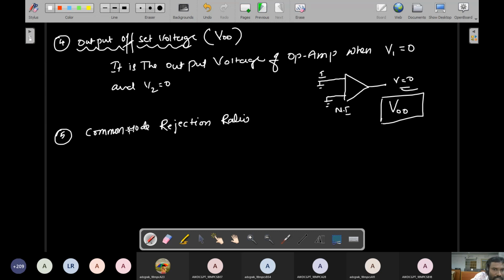Among the above definitions, this one is very important. They ask it for 5 marks, along with one more definition. These two definitions come in the public examination as 5-mark questions. So, common mode rejection ratio, sometimes called CMRR.